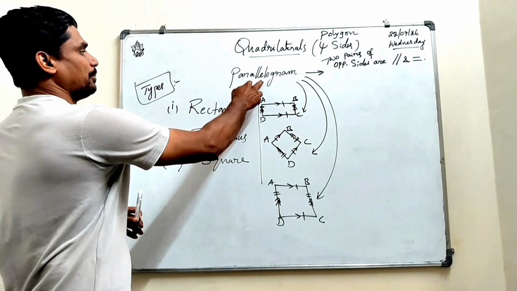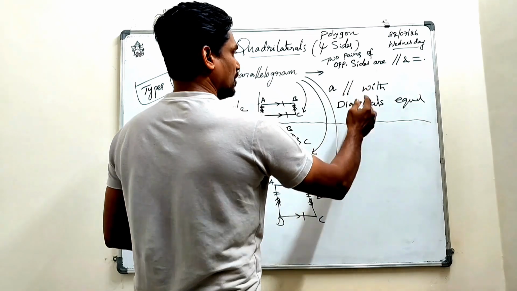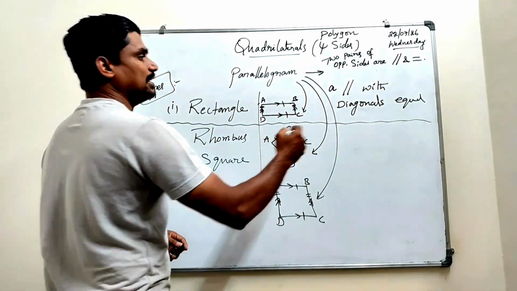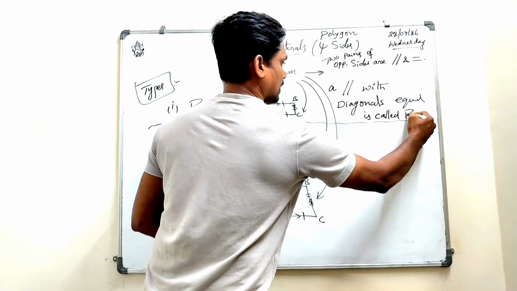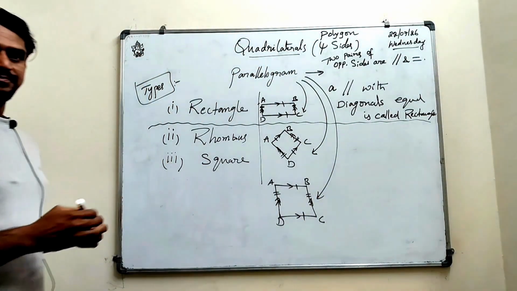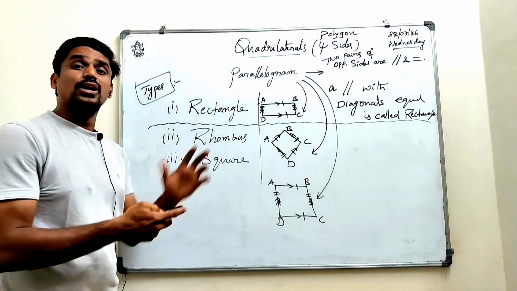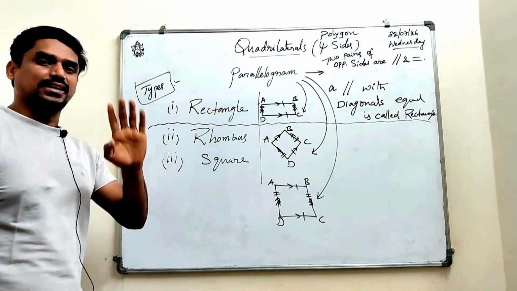Now we'll talk about parallelogram to rectangle. A parallelogram with equal diagonals is called a rectangle. Understood? We are now talking only about the additional property that turns a parallelogram into a rectangle. That's all.